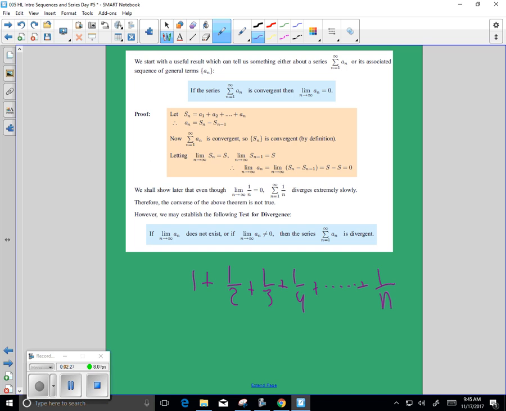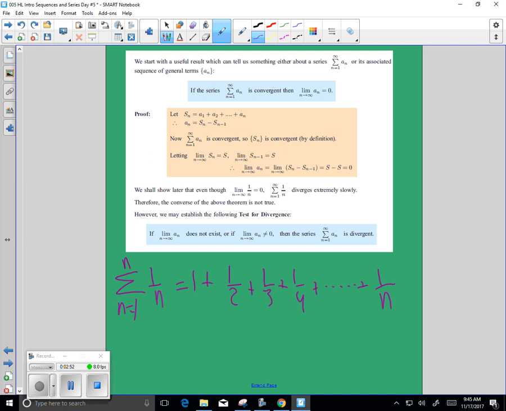We're not multiplying by the same. It's something completely different. It's the sum as n goes from 1 to infinity of 1 over n. And so this is what we call a harmonic series. We'll get familiar with it.